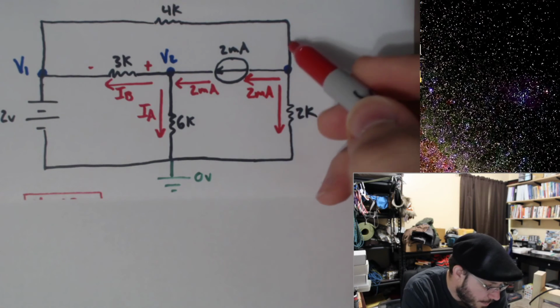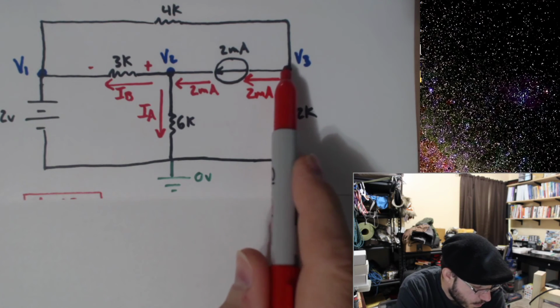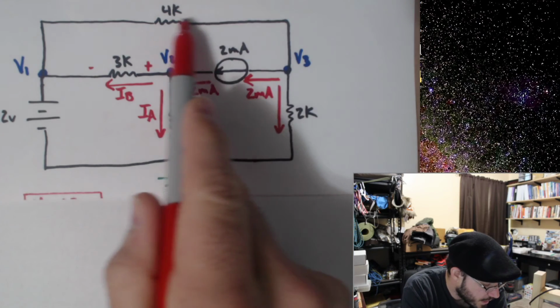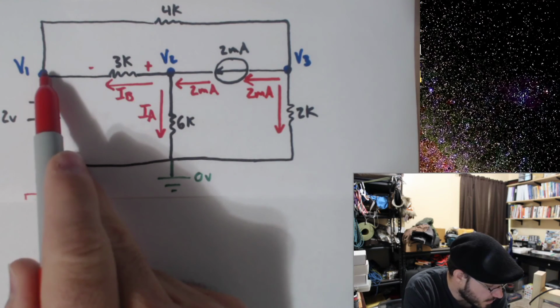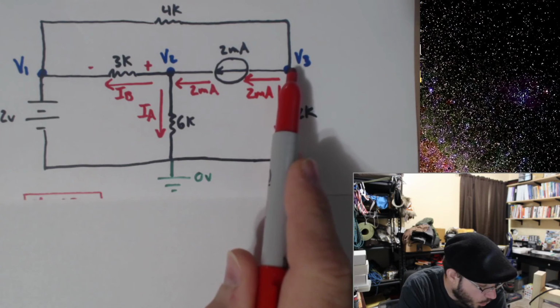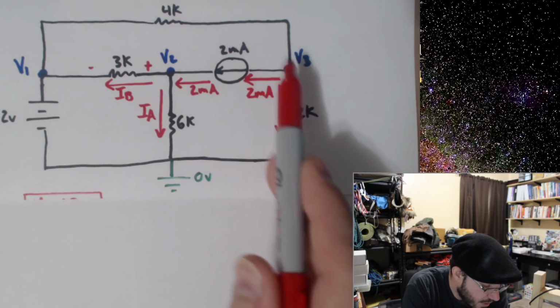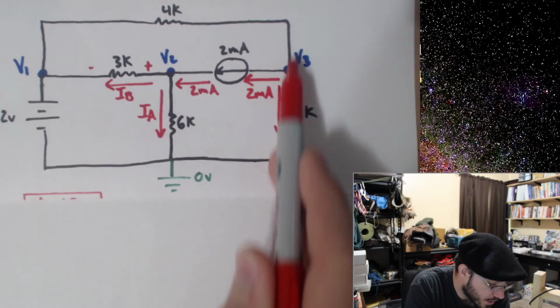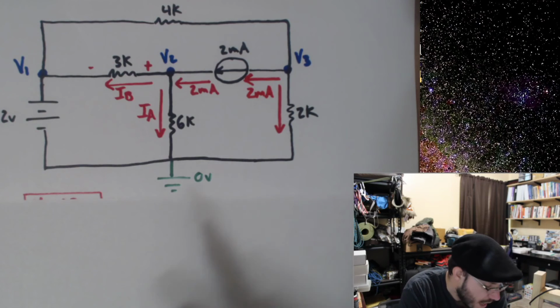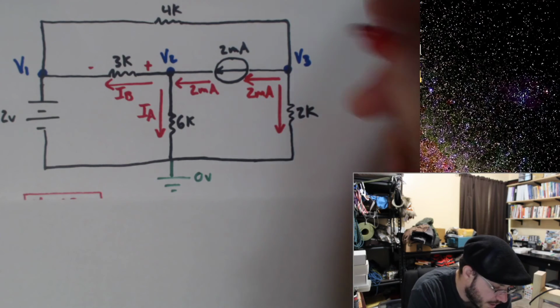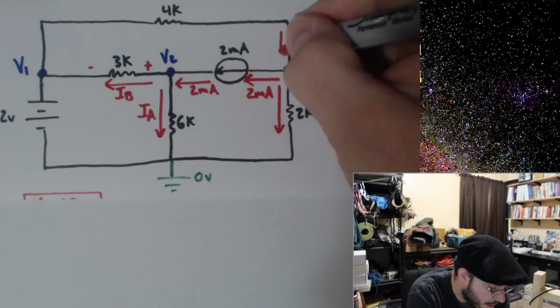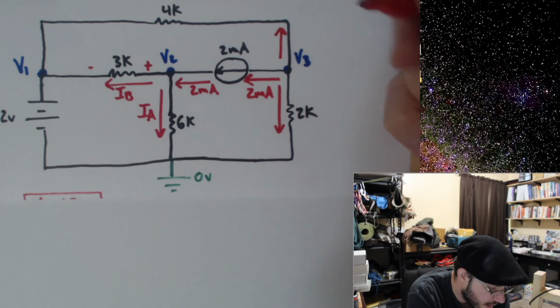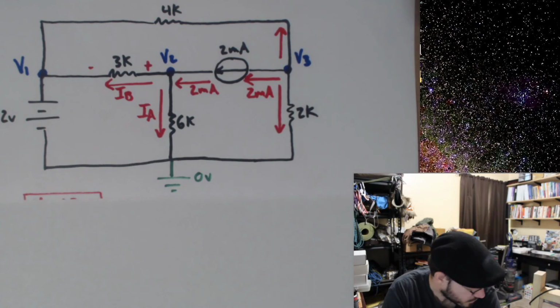Okay, and now up here on one side, notice that this wire goes into the 4K and goes all the way over to V1. So I have V3 on one side, I have V1 on the other side. If I look at the current going through here, I can pick this to go in any direction. It makes no difference. I'm going to pick it so that it's leaving the V3 node.